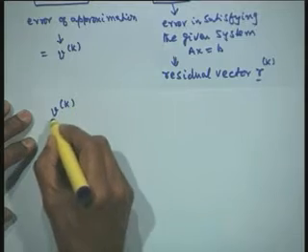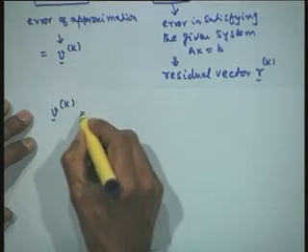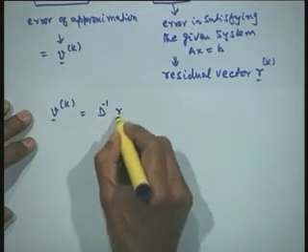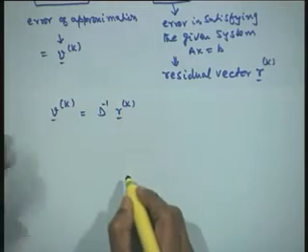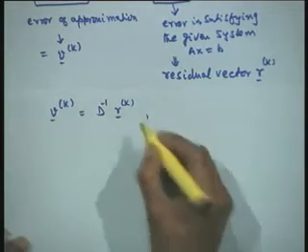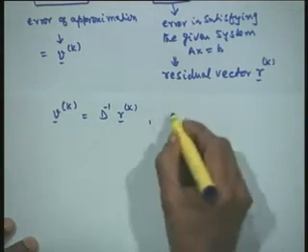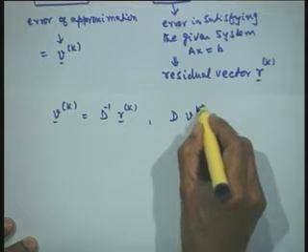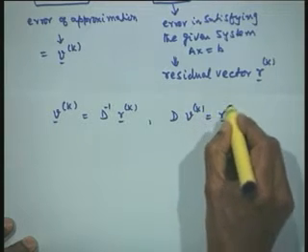Therefore, I can write this system as v k, which is also a vector, of course, these are all vectors, is equal to D inverse of r k. Or if I want to write D on the left hand side, I could as well write D of v k is equal to r k.